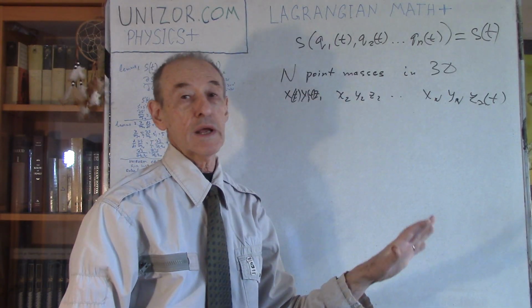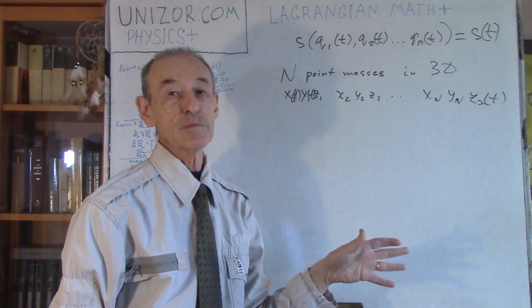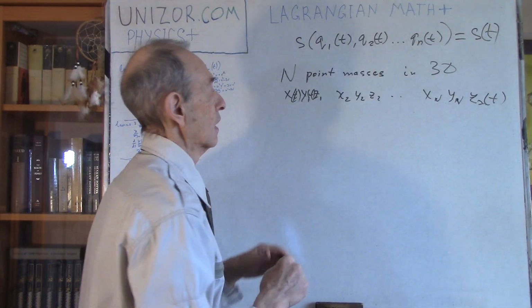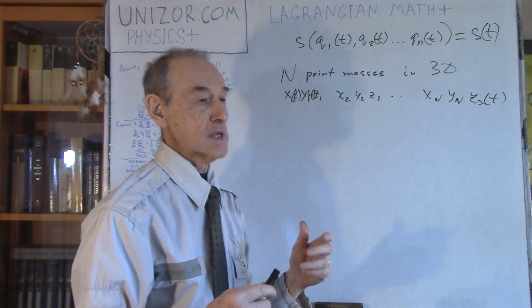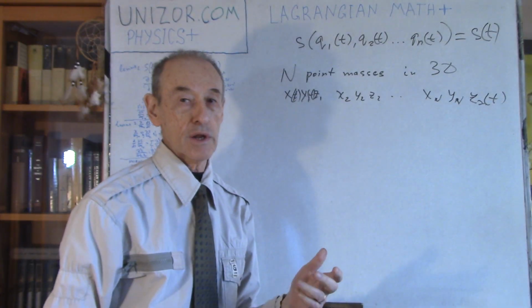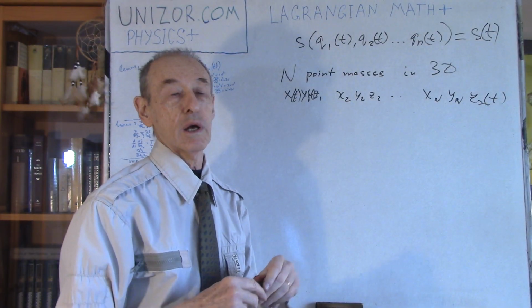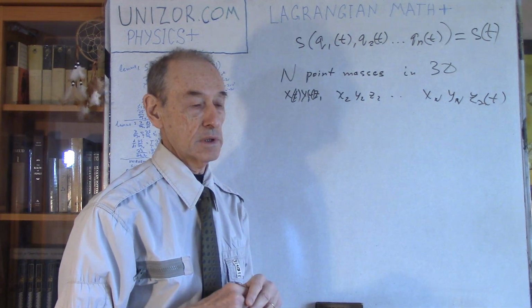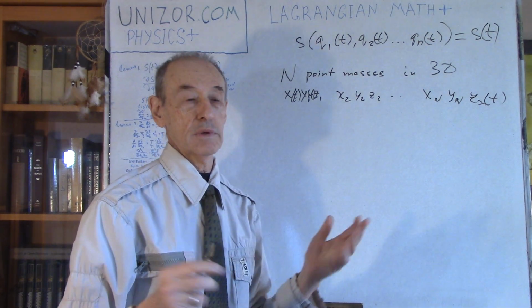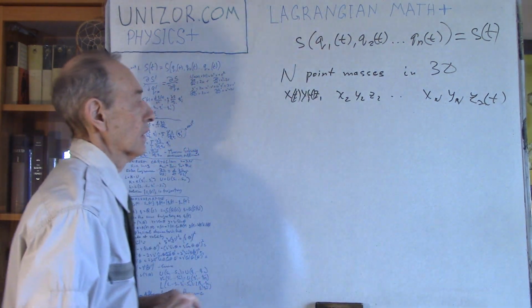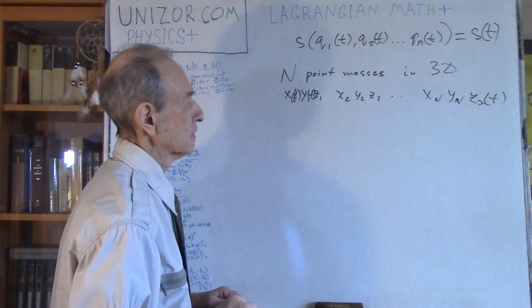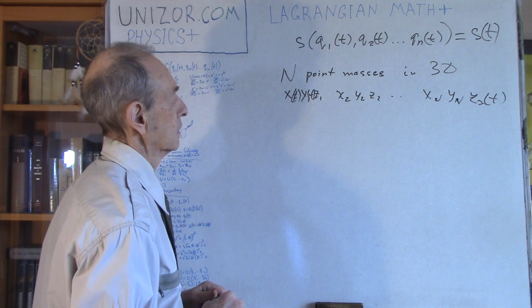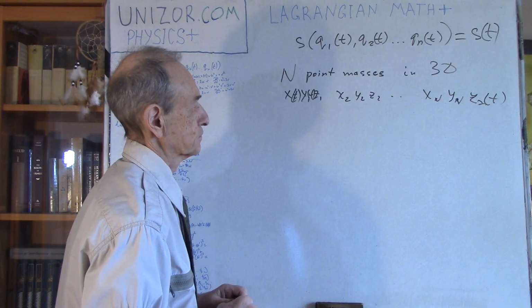So all I'm doing right now is I would like to change the names of these coordinates. Why? Well, let's say we are talking about the Euler-Lagrange equation for the system of a certain number of degrees of freedom.